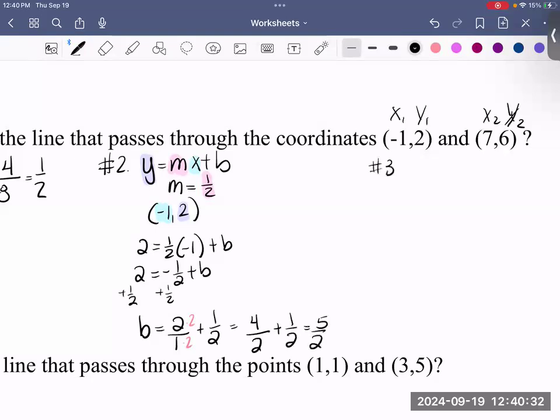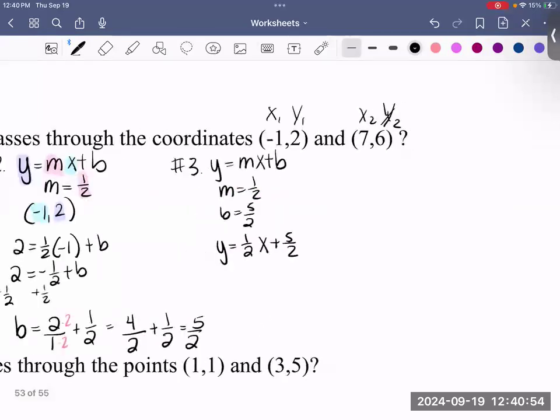So step number 3, we can do y equals mx plus b. We have your m, we have your b, and we can work it into the equation. Now, if you preferred the point slope form, it doesn't matter, I'll plug in your same point again. 1/2 x minus a -1.